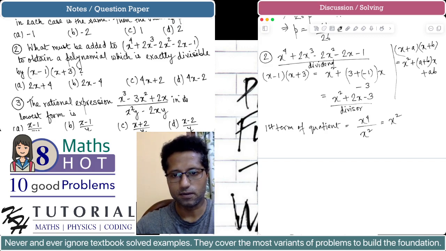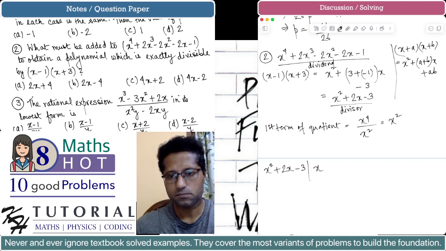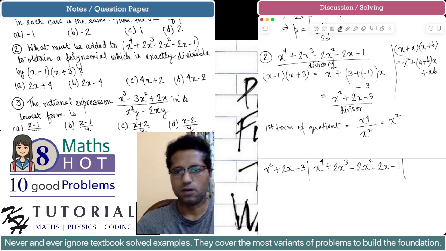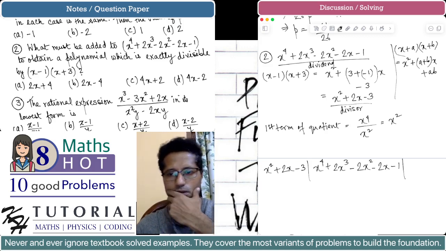If we start dividing the given polynomial by x square plus 2x minus 3, this will become a little lengthy calculation. I'm not sure if there is any other smart way of solving this. I will figure that out later on, but as of now, let's do it by long division method. So I am doing the division, and the first term of the quotient will be x square.